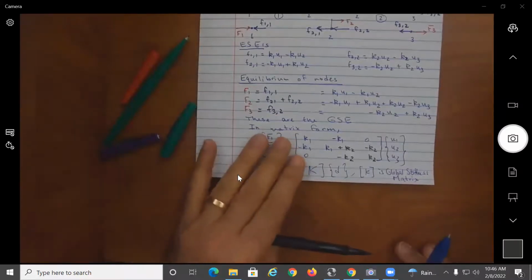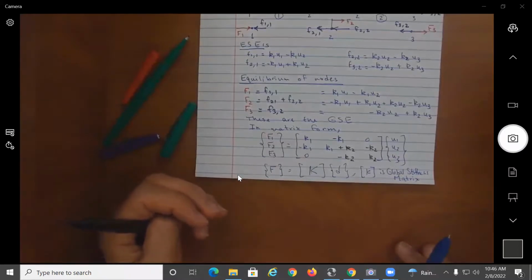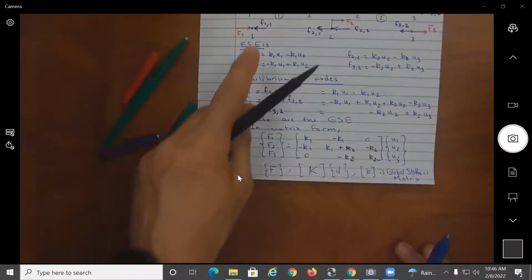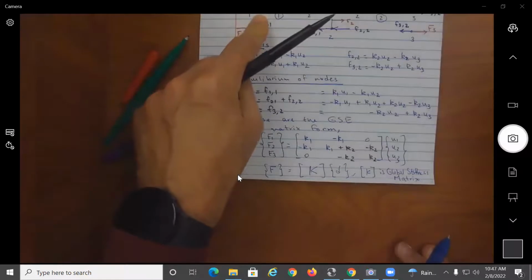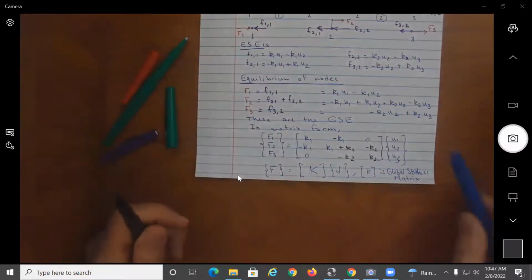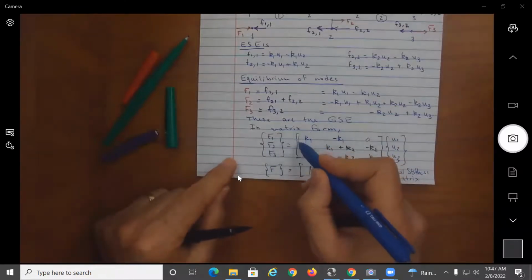If you also look carefully at this matrix, you will find that it is composed by superimposing the stiffness matrix of element 1 and the stiffness matrix of element 2, as represented here by the blue and the black.